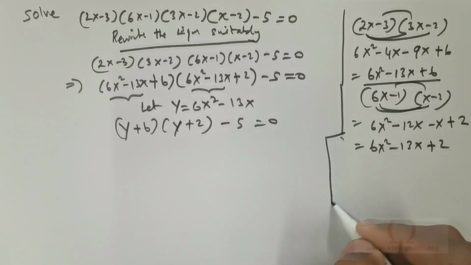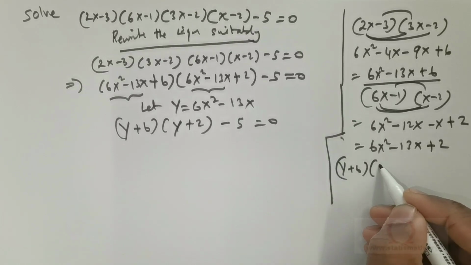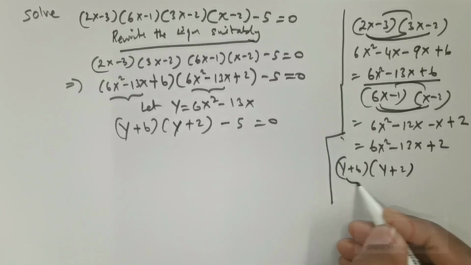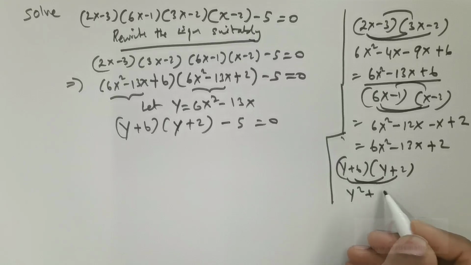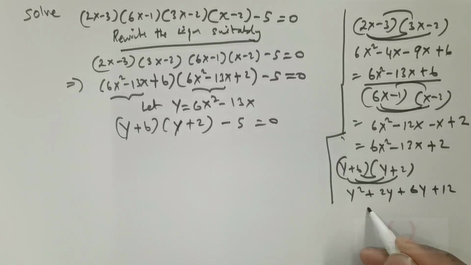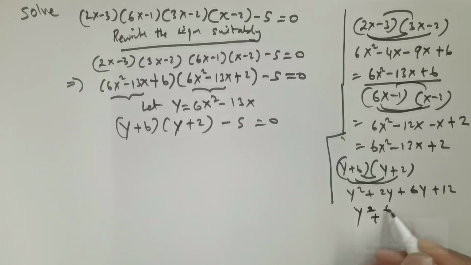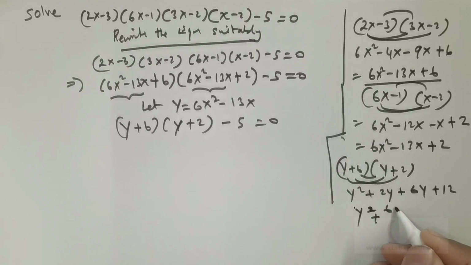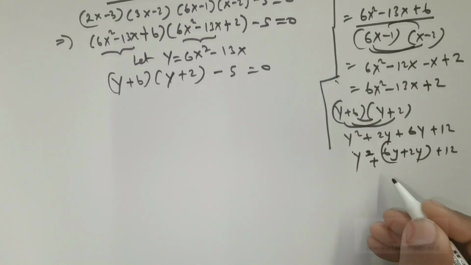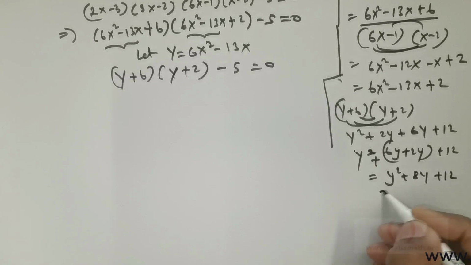I can multiply those terms. (y + 6)(y + 2) is y² + 2y + 6y + 12, which is y² + 8y + 12.